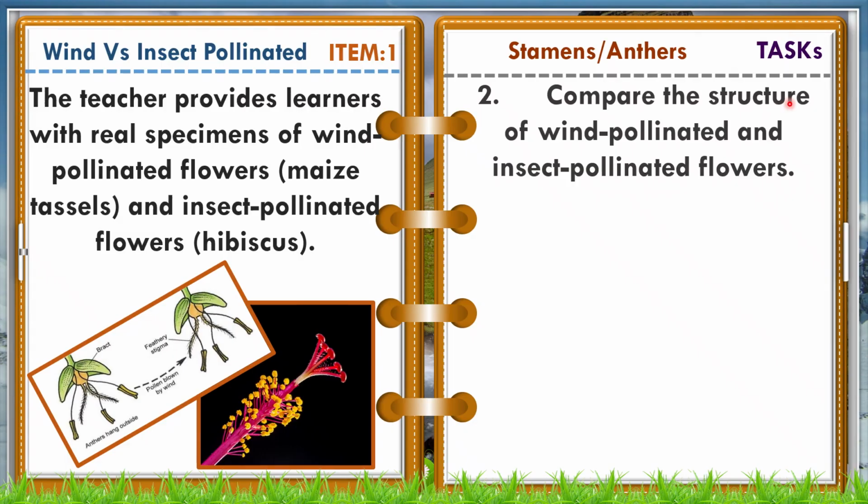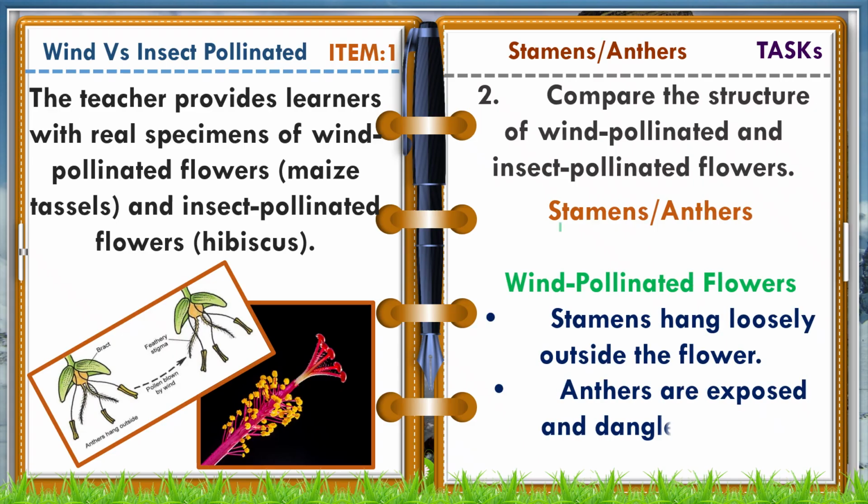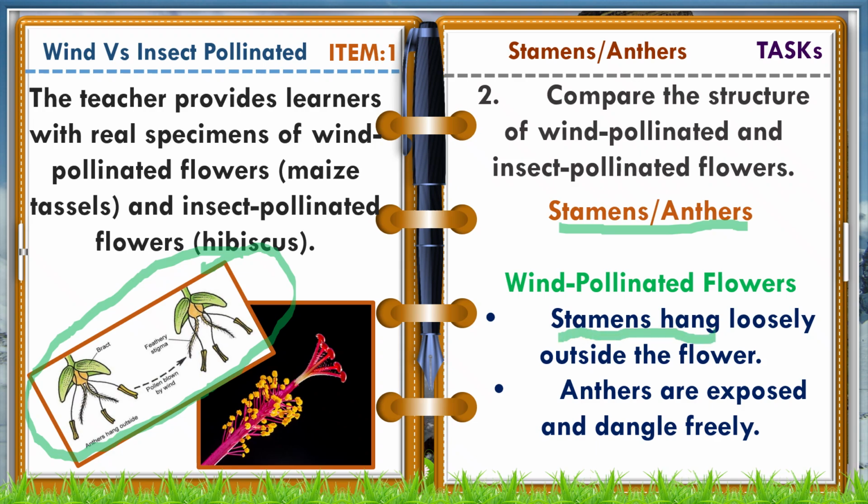Compare the structure of wind-pollinated and insect-pollinated flowers. We shall start with the stamen and anthers. When you look at the wind-pollinated flowers, the stamen hangs loosely outside the flower.